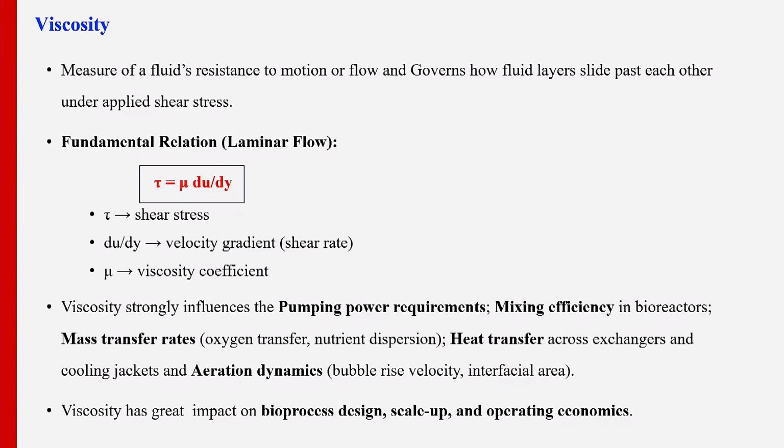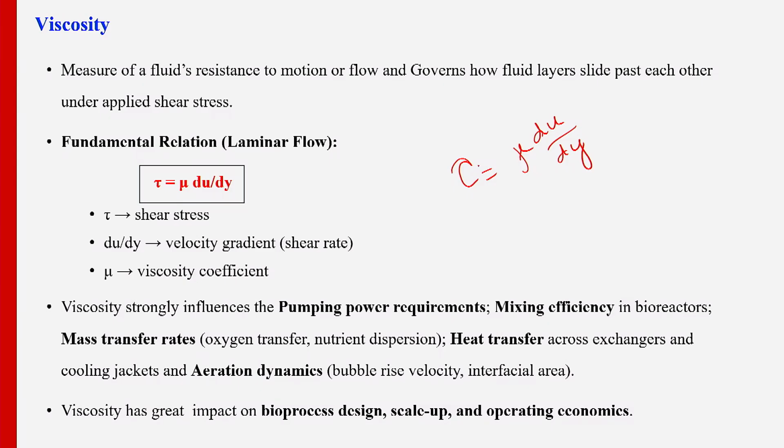Now we will move a little bit more to viscosity. What is viscosity? We already discussed it. This is the famous Newton's law of viscosity: tau equals mu du by dy. Normally this law can be used for any laminar or turbulent flow.